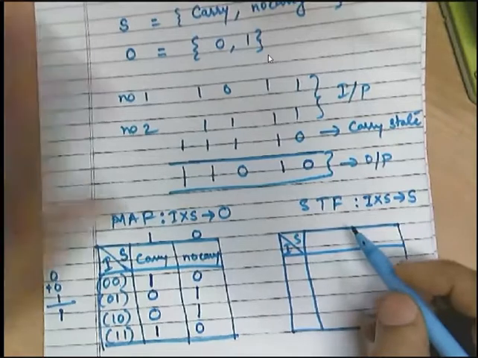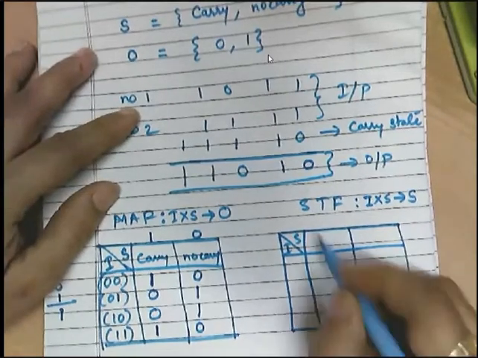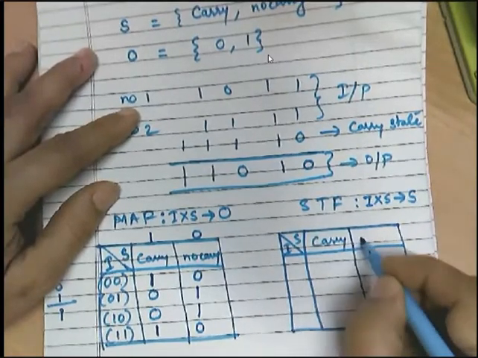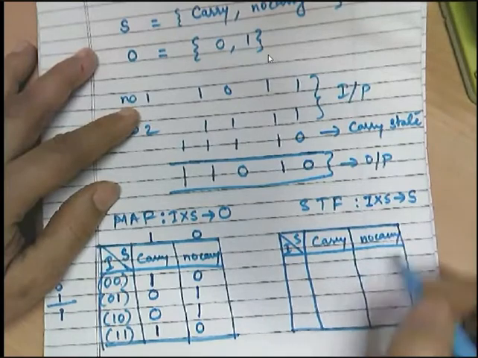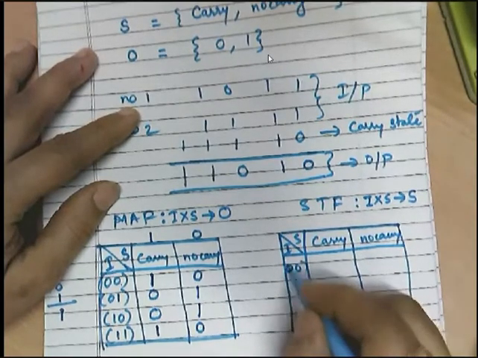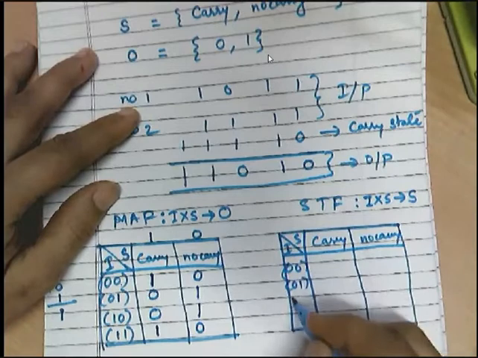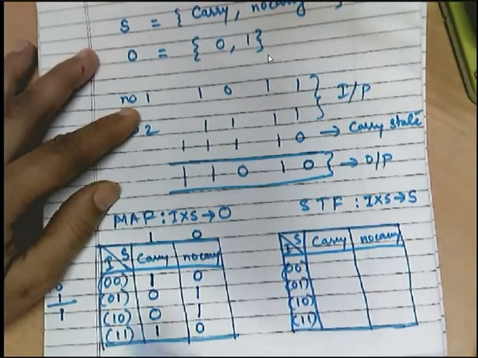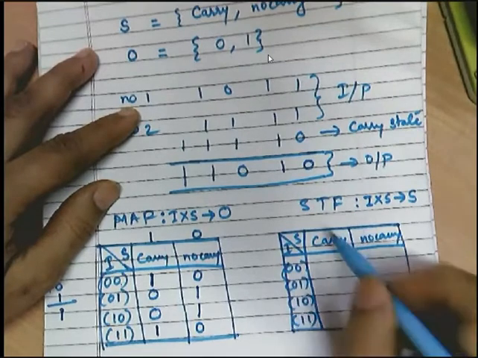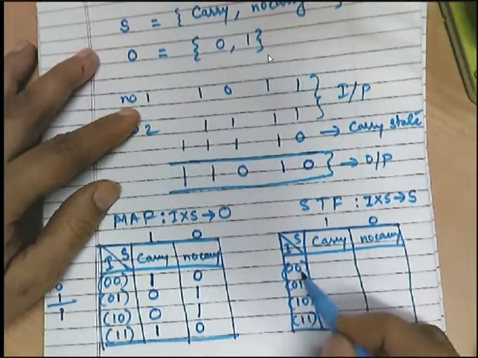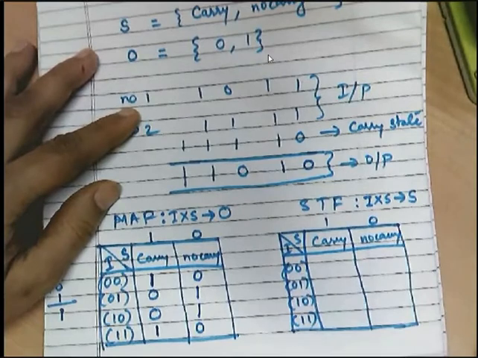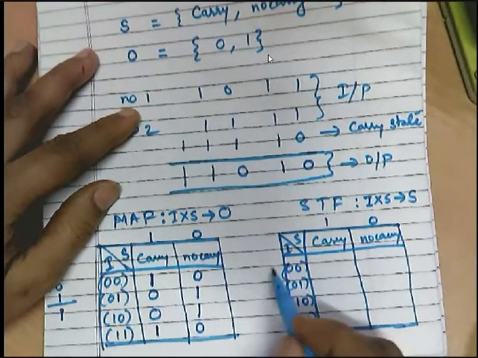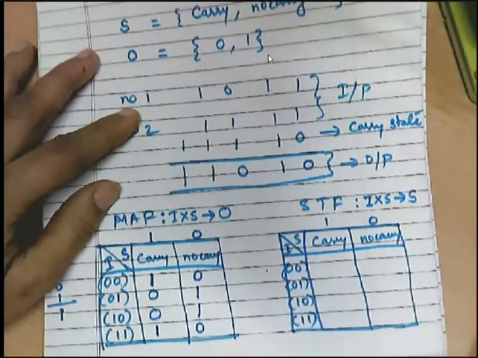Which states are there again? We have two states, carry and no carry. What is the input? 0 0, 0 1, 1 0 and 1 1. Now see, when we are adding 0 plus 0 plus 1, whether we are generating a carry. Initially our initial state is the no carry state.